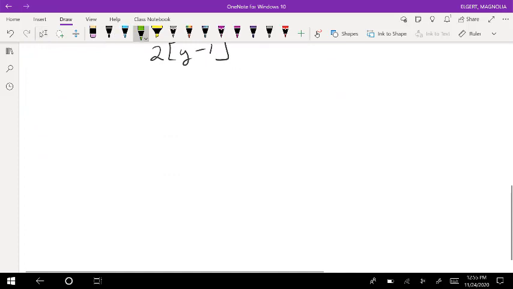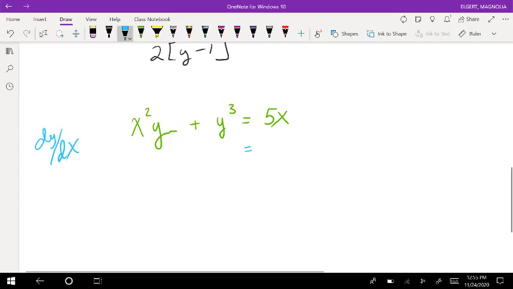Let's look at one more here. Let's try this. How about x squared y plus y cubed equals 5x. So in this problem, I'm looking for dy dx. I forgot the directions. There we go. I'm going to start here because this part's easy.